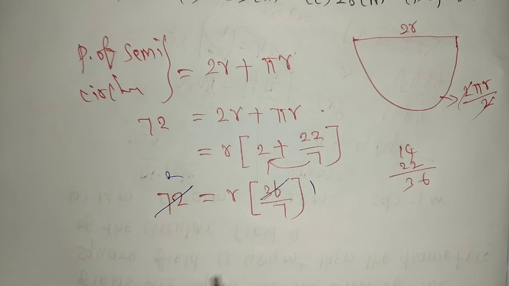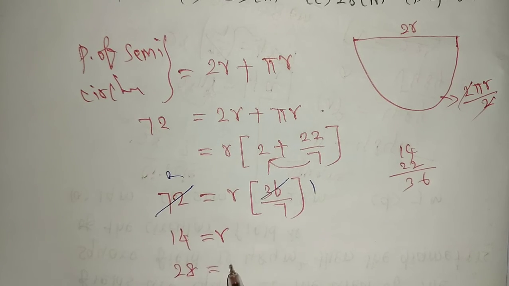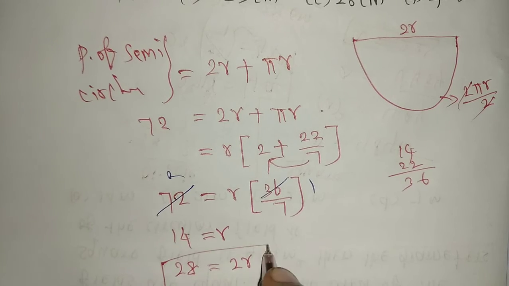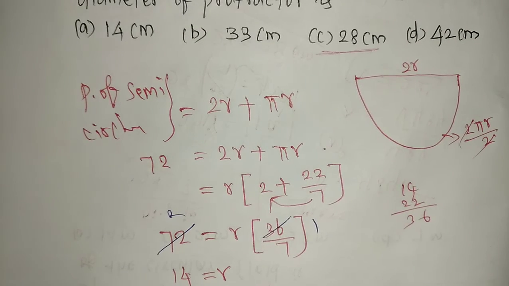The r is equal to, they send the 7 opposite, then 2 7s are 14, which is equal to r. But they have asked for the diameter, so multiply by 2 on both sides, then 28 is equal to 2 times the radius. That's it. So this is our required answer for the 19th one, 28, where we have option C. That's it. So this is our required answer.